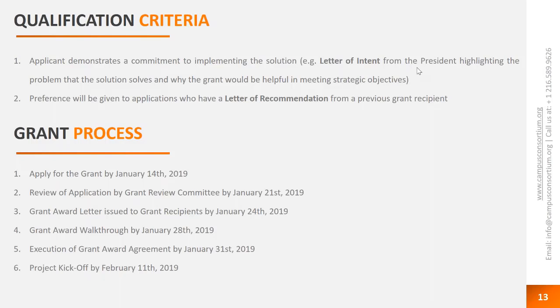Typically, within a couple of weeks, for those that are selected, a grant award letter is rolled out detailing the extent of the award. Again, we can't always award full grants to everybody. We just don't have the funds.